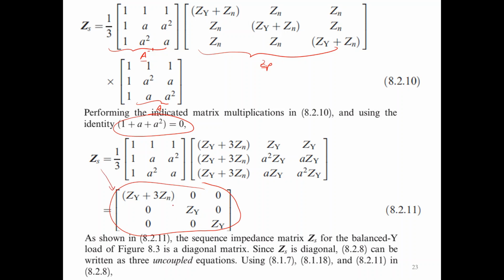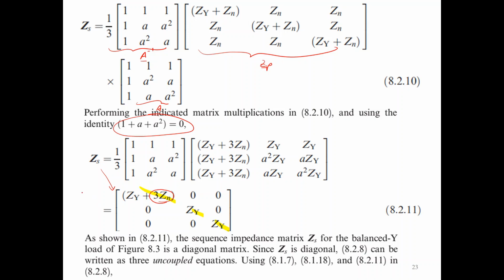Now it's interesting. You have CS with just diagonal elements, because the off-diagonal elements are all zero. You see that Cn plays a role just in the first row.